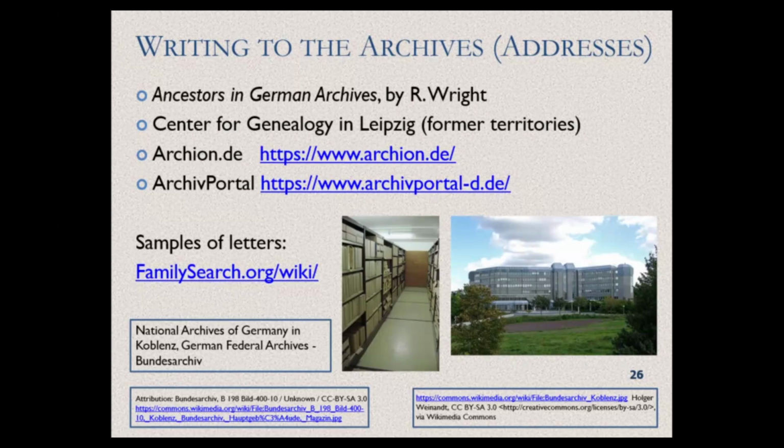They have various sentences and you can just pick the ones that suit you. So you need to go to familysearch.org/wiki and type, for example, German words or German letter writing guide. Here is a picture of the main Federal German Archives.